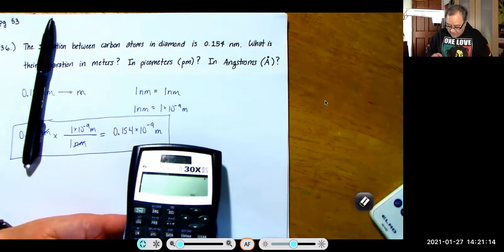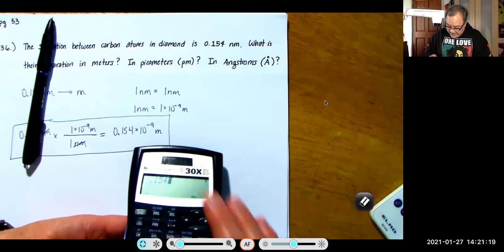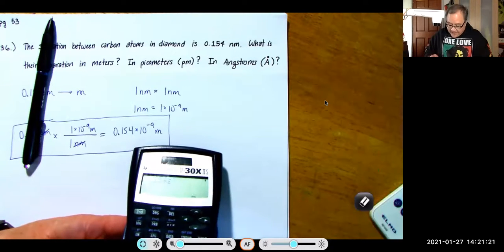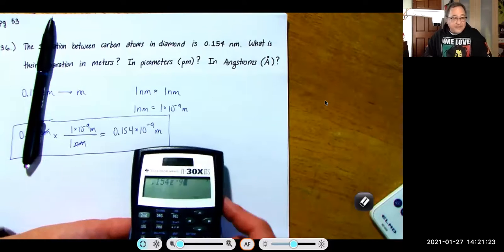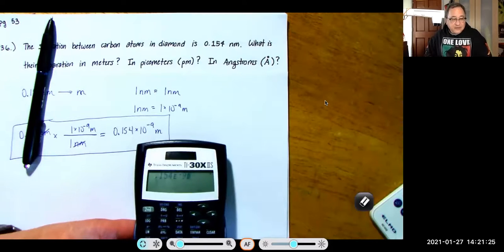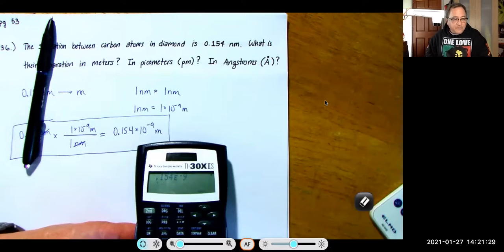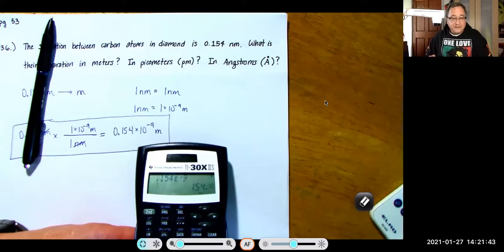So if I get 0.154, second EE negative 9, so there is that value. I'm not sure. Can you guys see that 0.154 EE negative 9? Okay, so I'm going to put equal, and you see I get 1.54 times 10 to the minus 10.